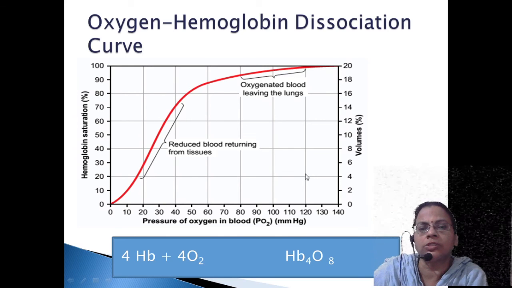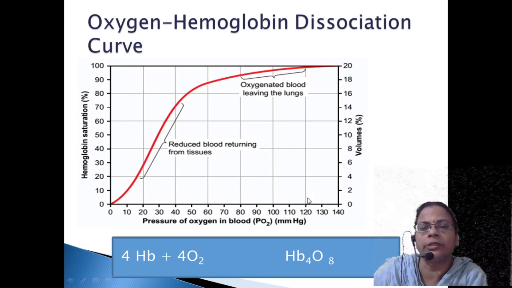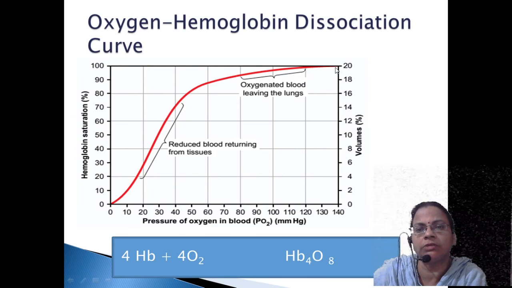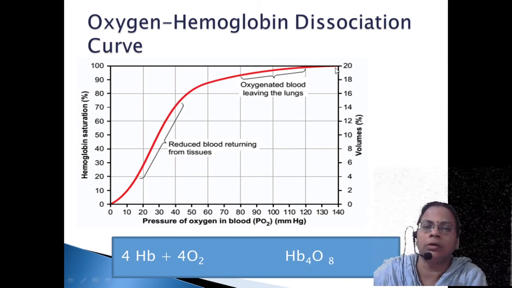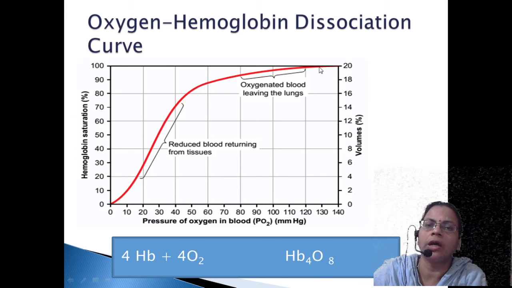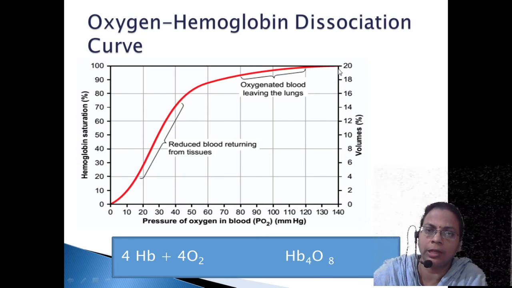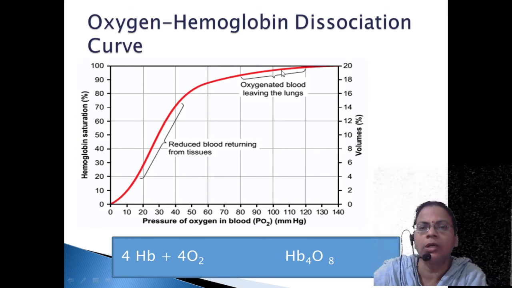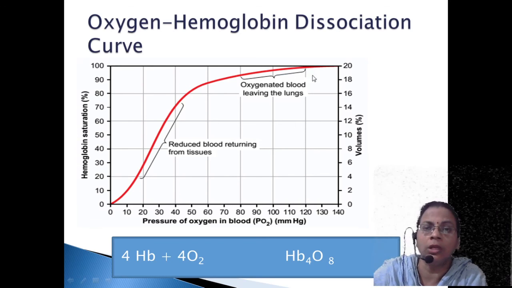At approximately 120 to 140, you can see approximately 97% of the hemoglobin will be saturated with a high amount of oxygen in the lungs. This one is in the tissues and here it is the lungs. In the tissues they unload, and in the lungs they will load.